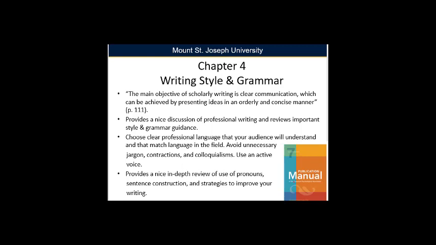Be sure that you use professional language that your audience will understand and that matches the language in the field. It is important to avoid unnecessary jargon, contractions, and colloquialism. Use an active voice as much as possible. Chapter 4 provides a nice in-depth review of use of pronouns, sentence construction, and strategies to improve your writing. Please review the sections that you need to.